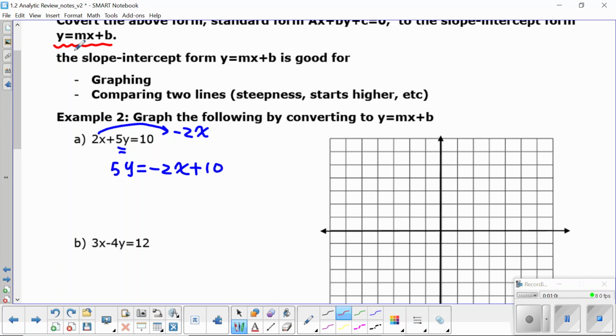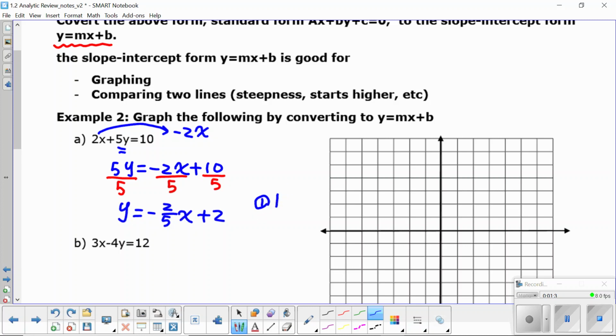Comparing to the slope-intercept form, the left side needs to be y by itself. So we need to move the 5 to the other side by doing the opposite operation, division. Divide 5 into each term. Then you will have y equals negative 2 over 5 x plus 2. Then this is the slope-intercept form.